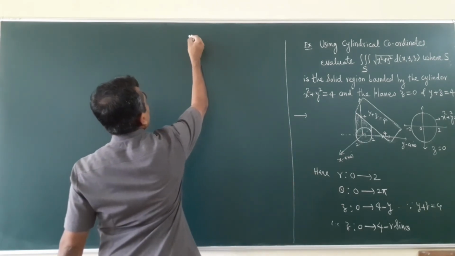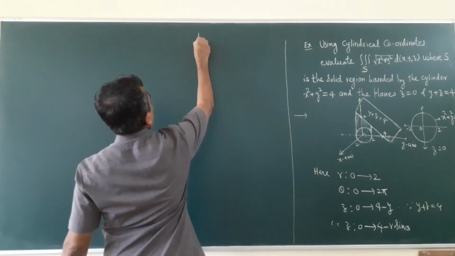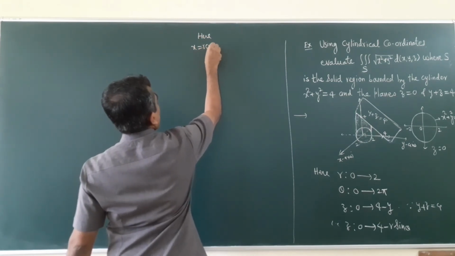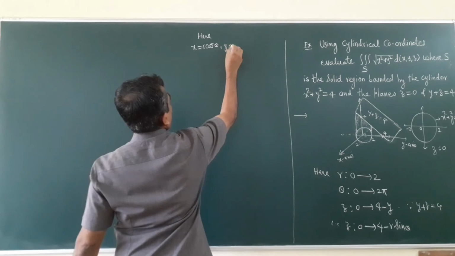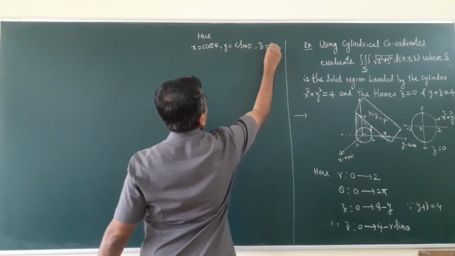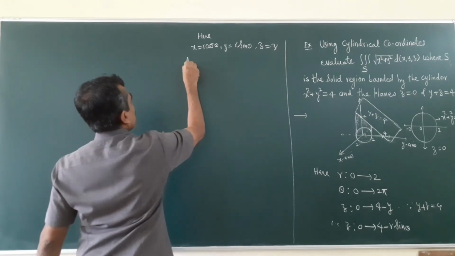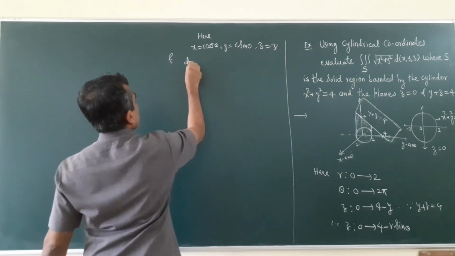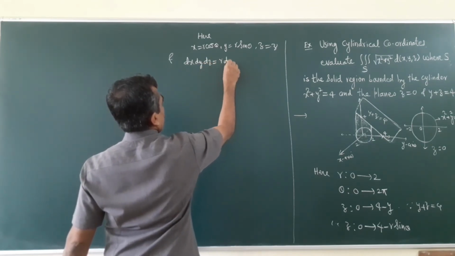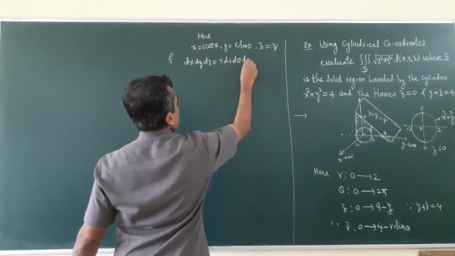Here x is r cos theta, y is r sin theta, z is equal to z, and dx dy dz is equal to r dr d theta dz.